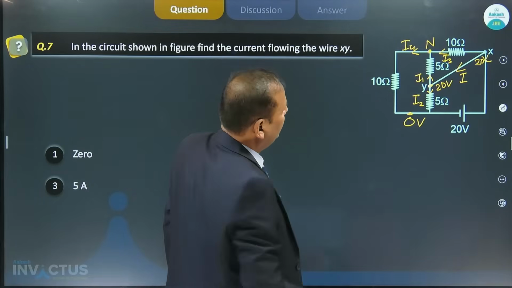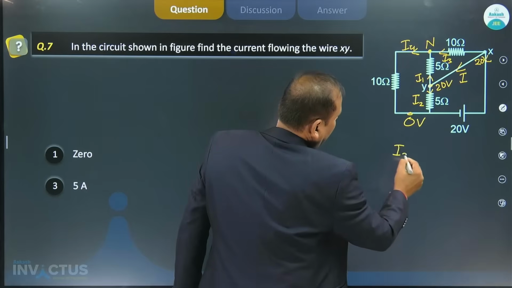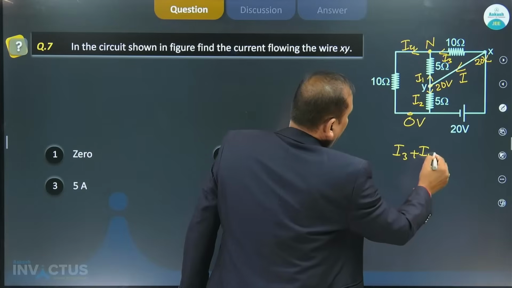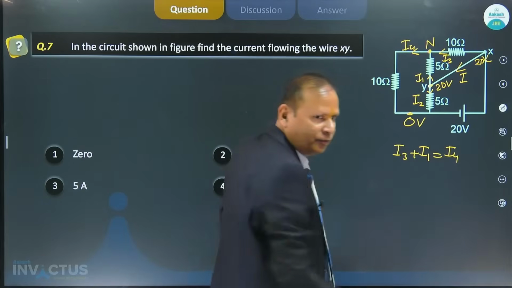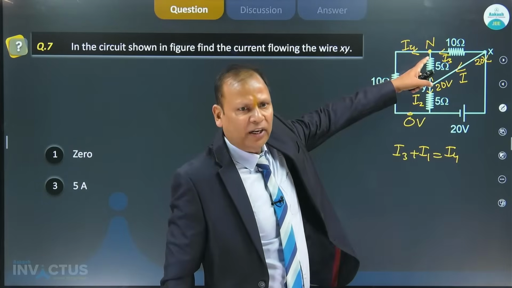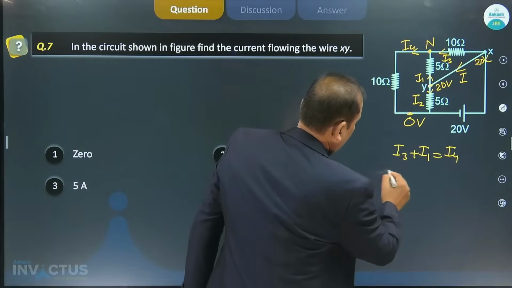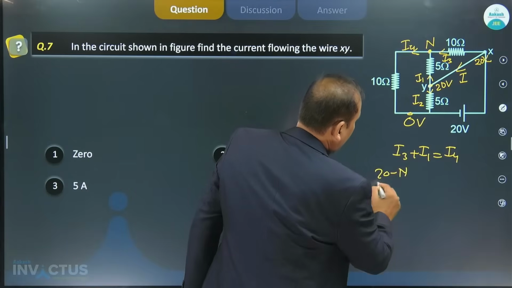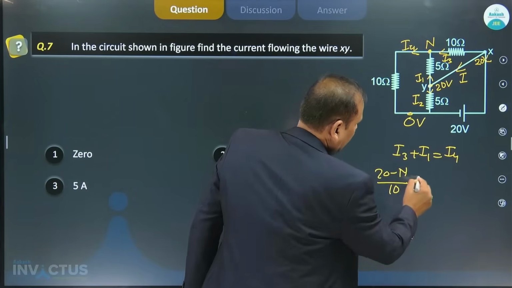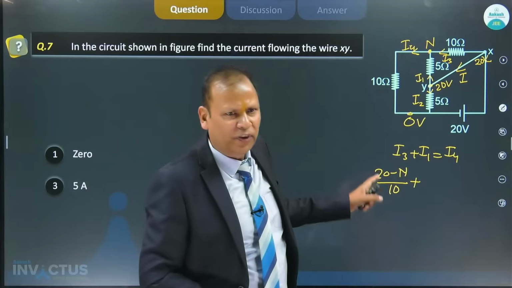So we can write I3 plus I1 is equal to I4 at this junction. We are applying the junction rule. So I3 is 20 minus n by 10, plus I1. How are we writing current?